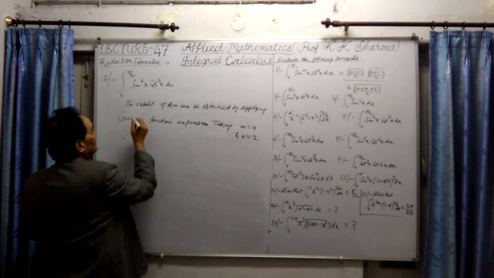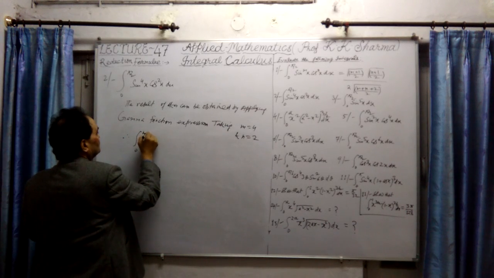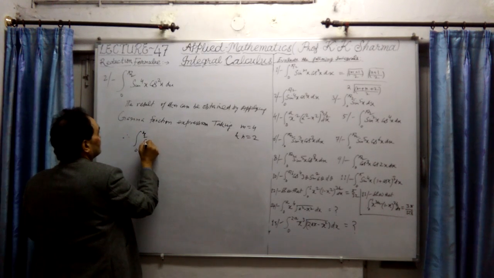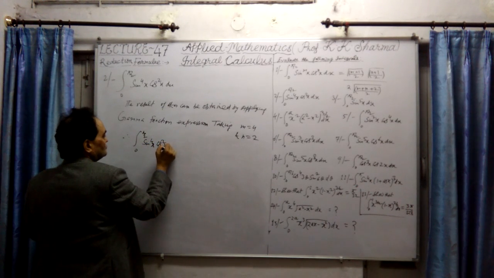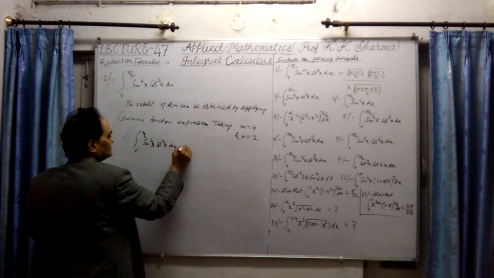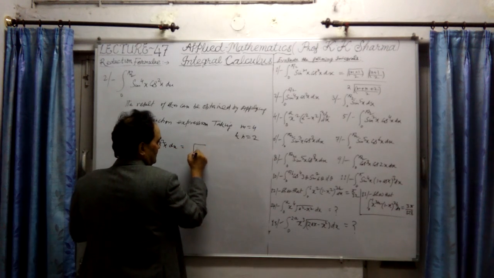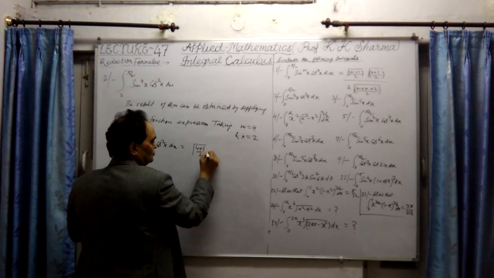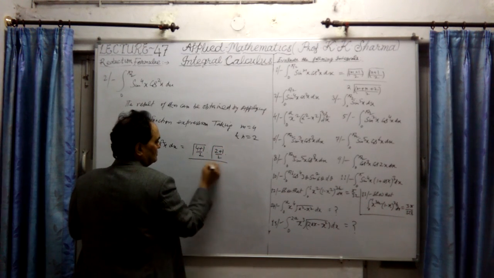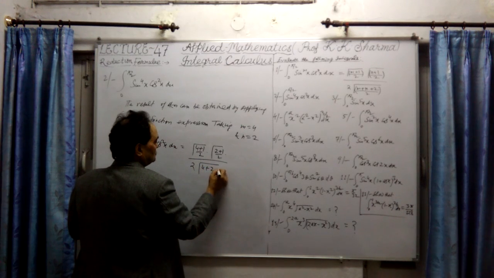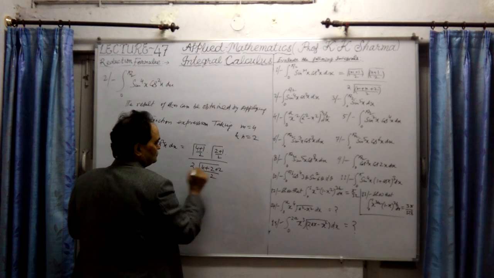Therefore, the integral from 0 to pi by 2 of sin 4x cos square x dx is equal to gamma of 4 plus 1 upon 2, gamma of 2 plus 1 upon 2, divided by twice gamma of 4 plus 2 plus 2 upon 2.